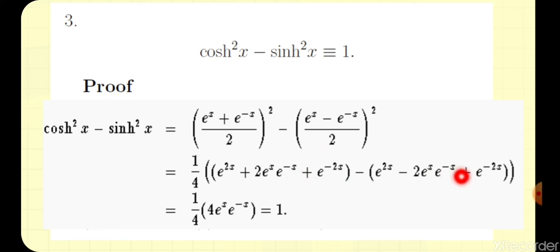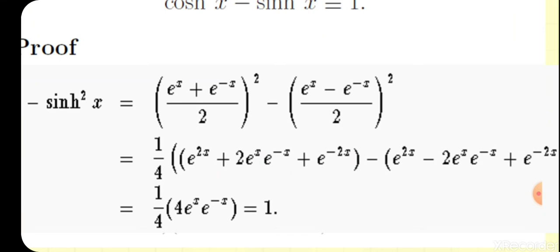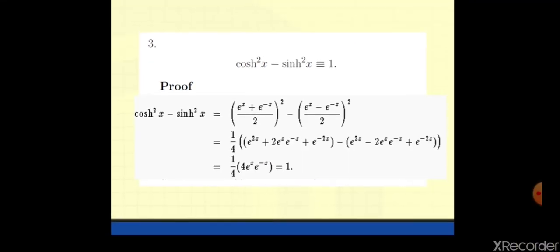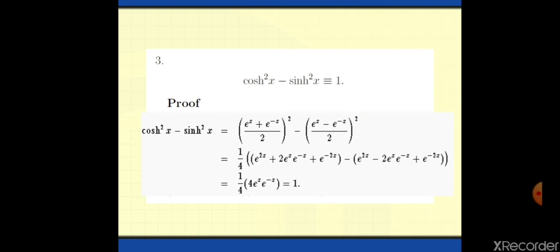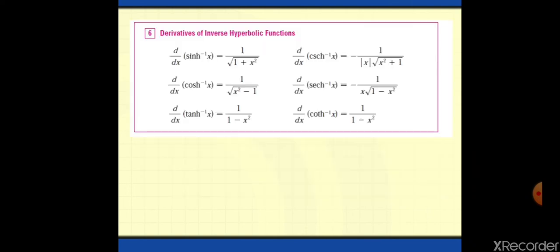Simplify the expressions here, so you can find the final answer is a quarter times 4 e to the power x times e to the power negative x. e to the power x times e to the power negative x will be cancelled, and a quarter times 4 equals 1. So the left hand side equals the right hand side, which is 1.